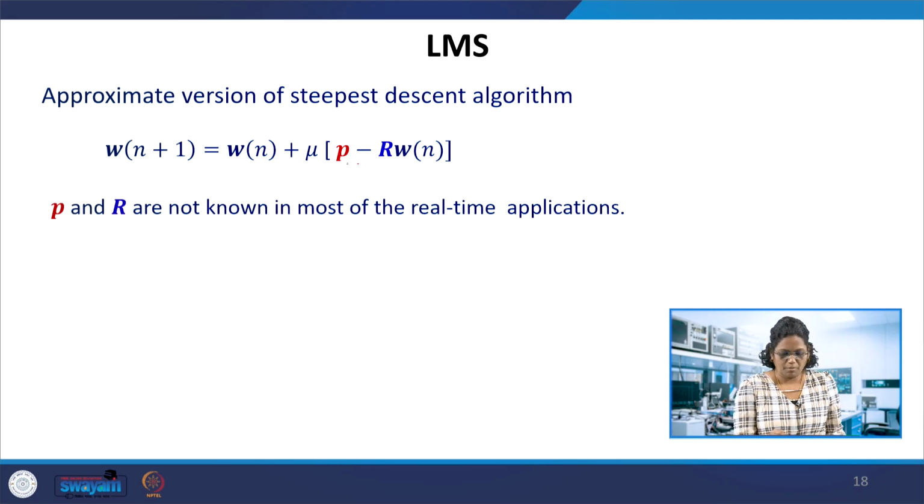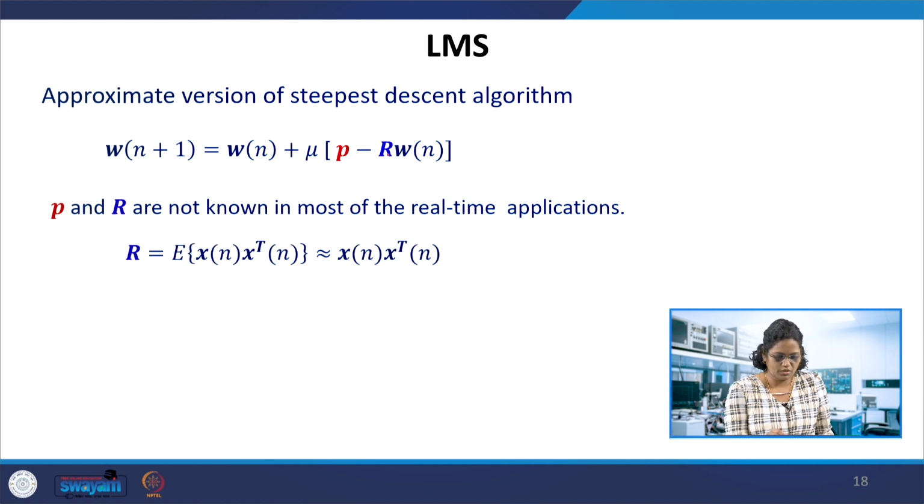So if we approximate this P and R, because these are not known, as we said in the computation of the inverse in one case, and we moved to the gradient search and then found the steepest descent. So these are not known in real-time applications. What was this R definition? R is the expectation of x of n and x of n transpose.